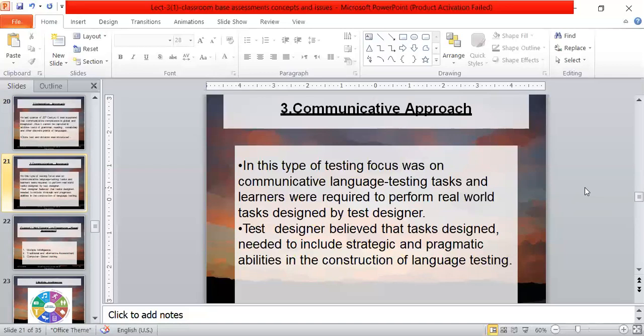They believed that tasks designed needed to include strategic and pragmatic abilities in the construction of language testing. So, on the basis of the pragmatic approach, they explored that it should be incorporated in the construction of language tests.